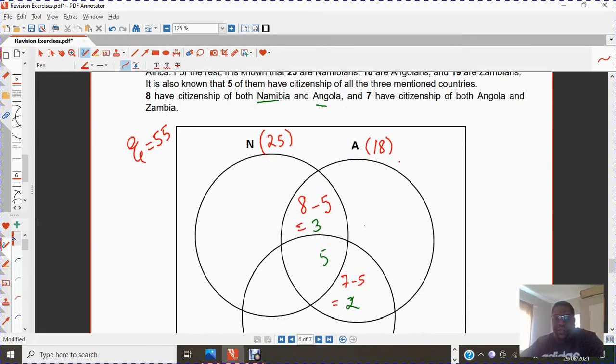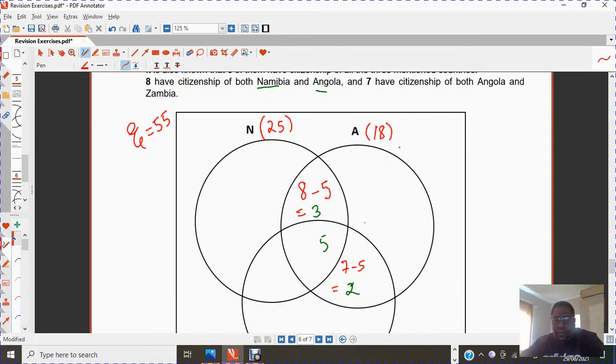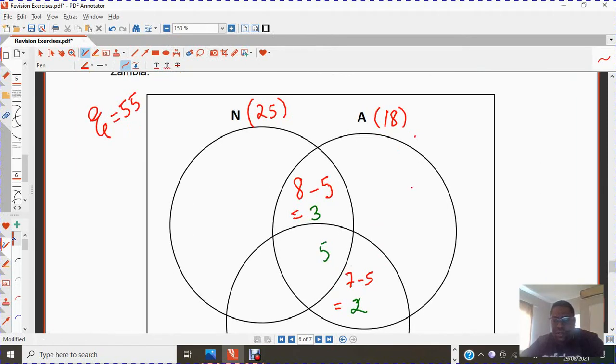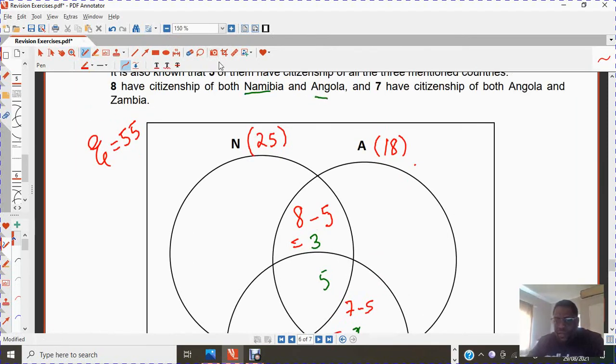Before I continue, I'm going to work with the totals in green. If you look at Angola, there should be 18. So we now have 3 and 5 and 2. We can actually find this missing value here. For Angola, I'll make this a little bit bigger so that you can see. The students for Angola are 25 in all.